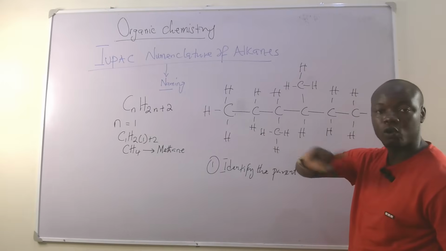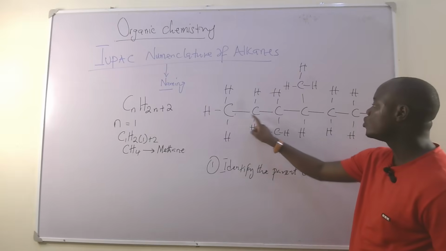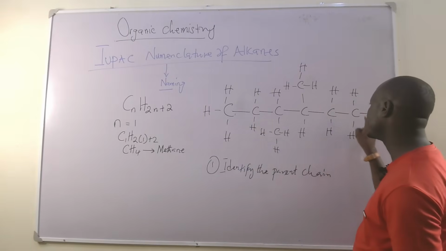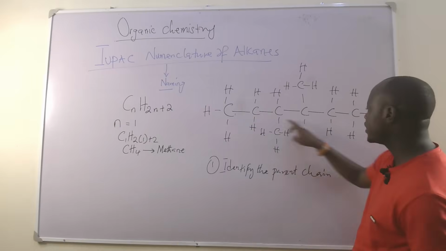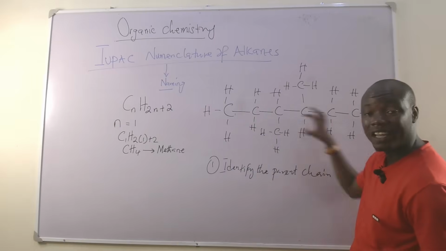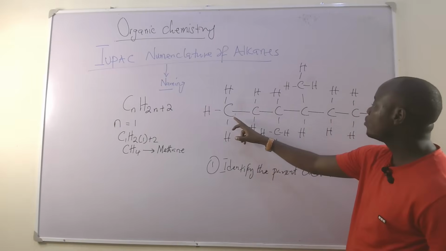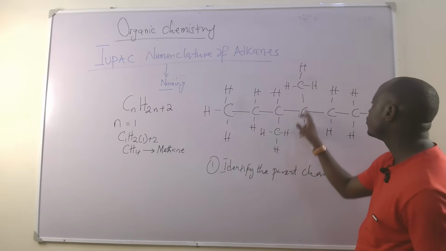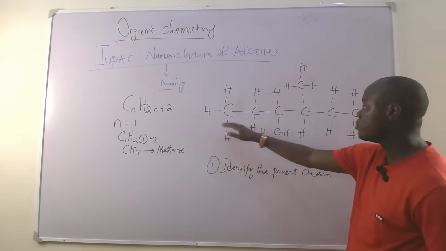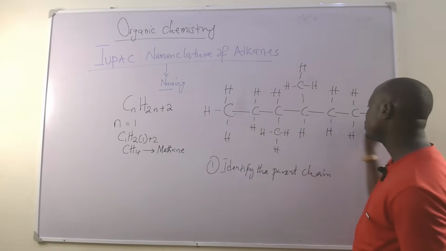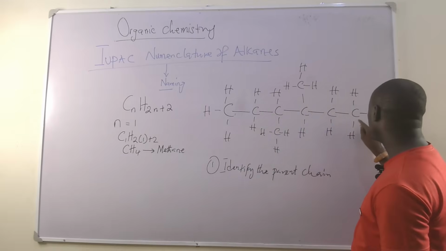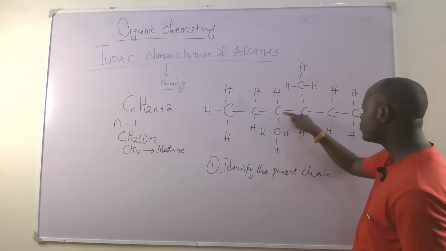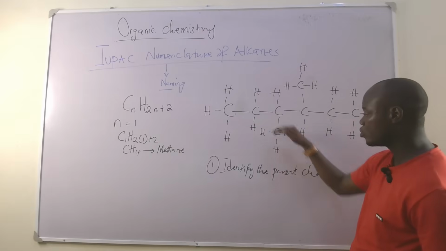Like for example, let's look at it. Let's count from here: 1, 2, 3, 4, 5, 6. So if we count straight like this, we have 6 carbons. And if we count from here, 1, 2, 3, 4, 5, from this to this we have 5. So by counting here is 5, and by counting here is 6. You can also count from here, 1, 2, 3, 4, 5, so here is also 5.